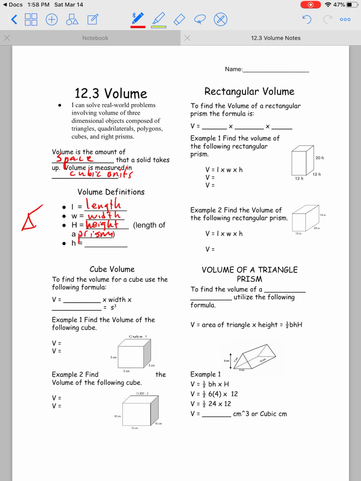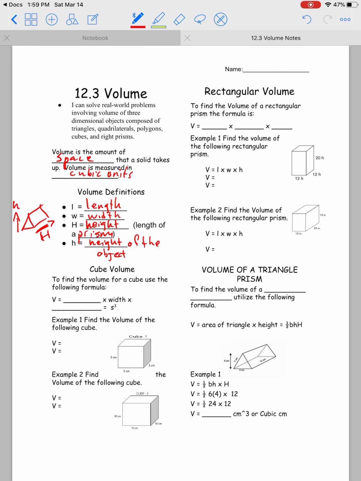If I have a triangular prism, this would be the little h. This is the big H. Okay? So don't get those mixed up. And again, the little h is the height of the object.